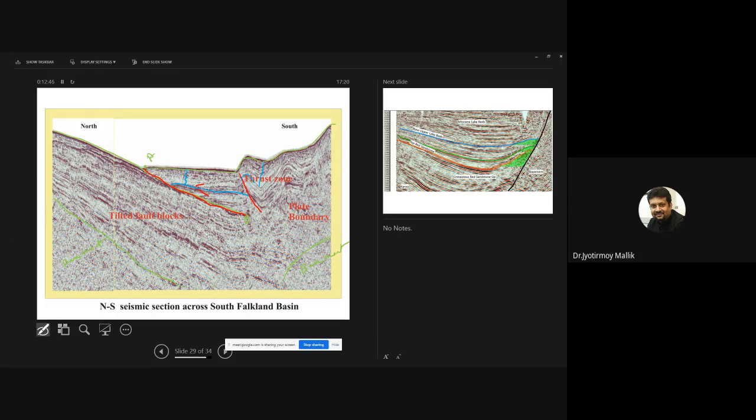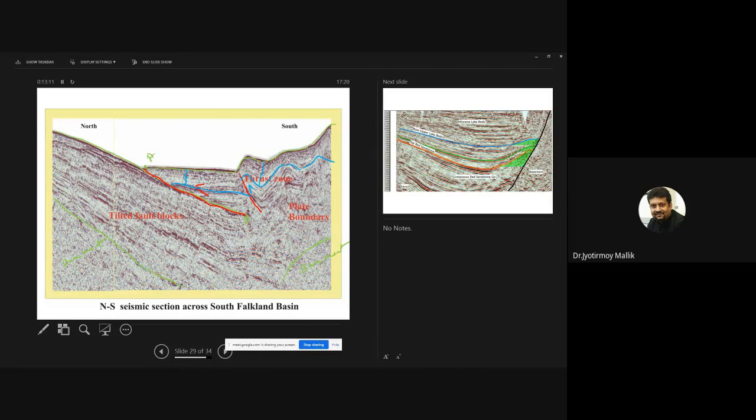So perhaps this is the same horizon. So, this horizon and this horizon were together. And then there was a thrust, of course. There is also thrusting going on here. And then they have created these beautiful anticlines here.